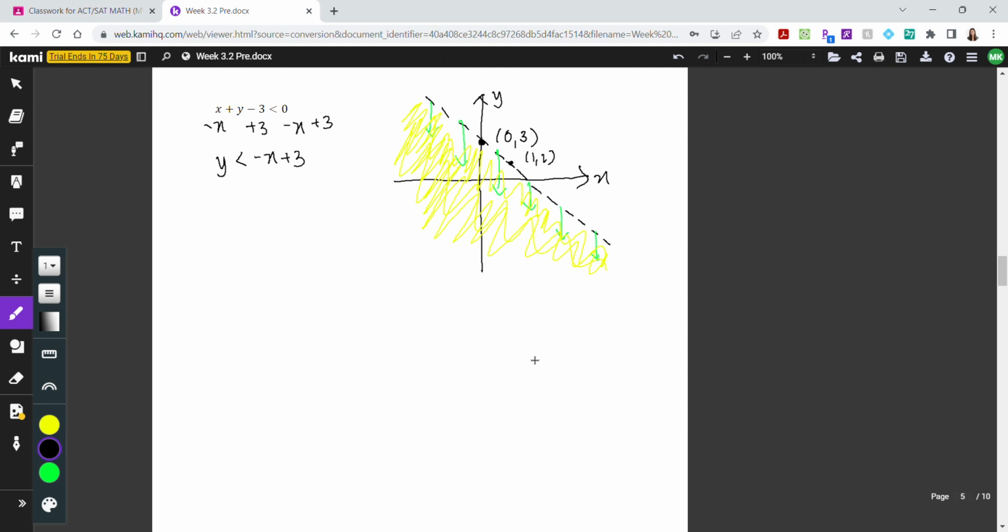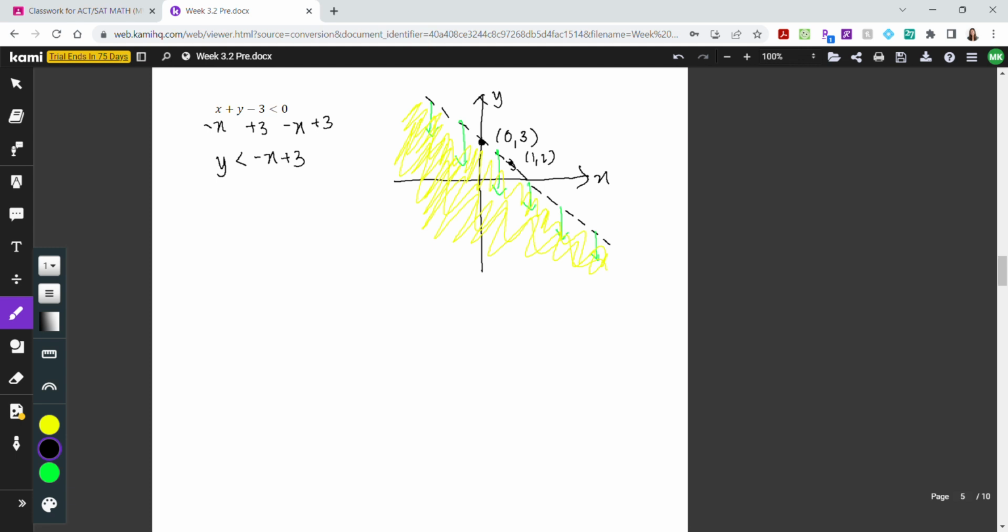So in this case, you won't be able to use 0, 3 here because it will not satisfy the inequality. You cannot include it in here. Understand? But if you pick anything else like 0, 0, it will satisfy the inequality. 0, 1, it will satisfy the inequality. But picking 0, 3, 1, 2, it will not satisfy the inequality.